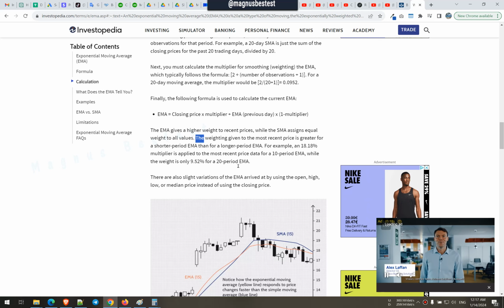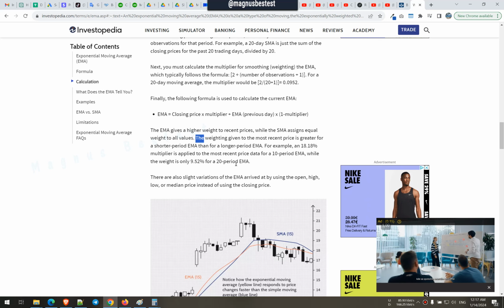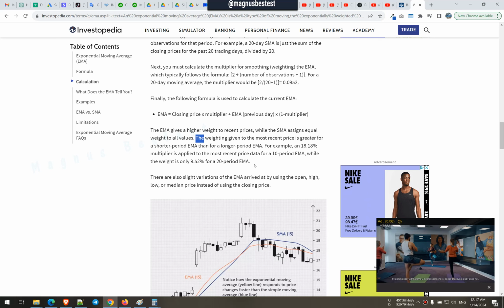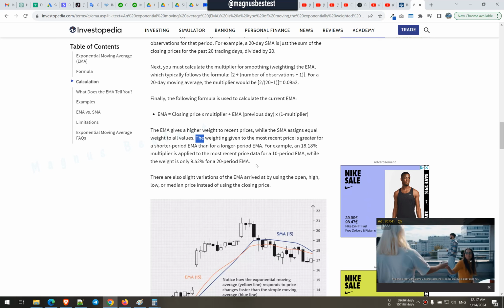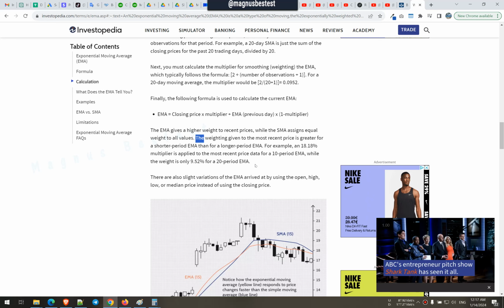So there you go. The longer the period of the EMA, the less weight is applied to the recent candles.